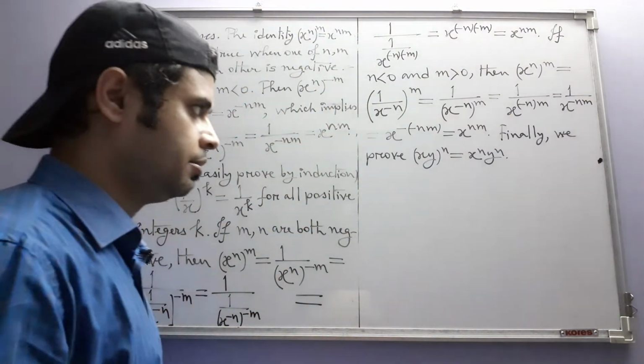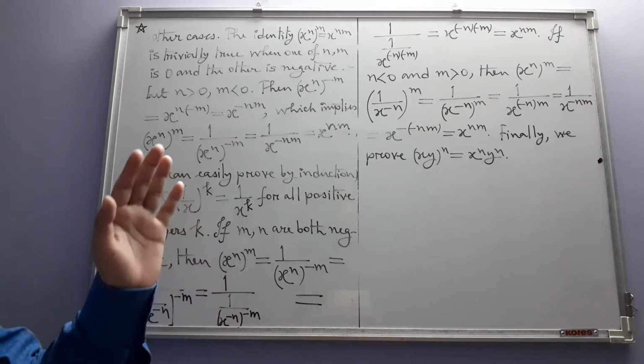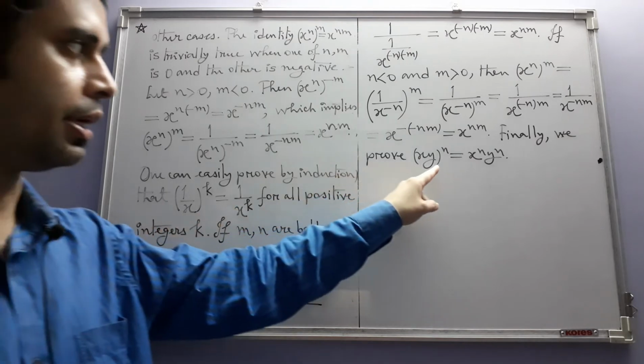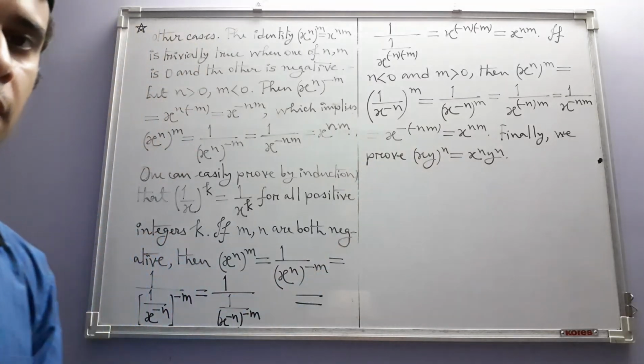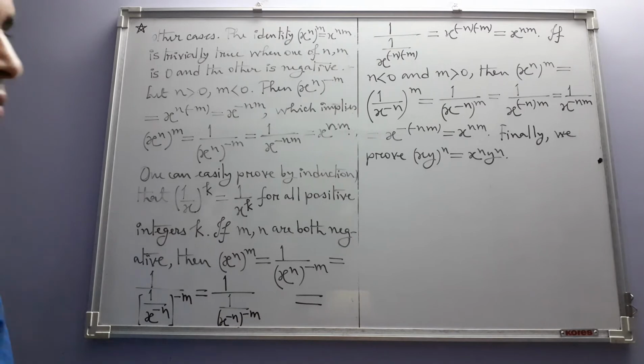We already have this result. In fact, we have not proved it, but I told you to do it on your own in the previous proposition where n is a natural number. So now we have to just look at the case where n is a negative integer.